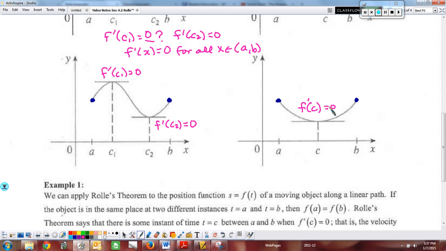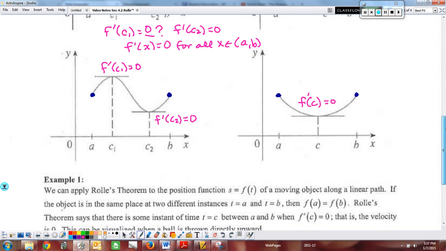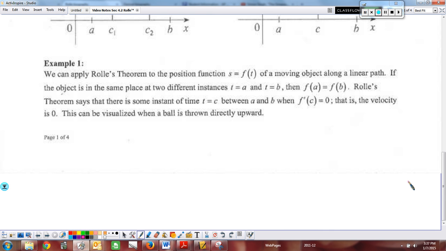All right. Now, how can we apply Rolle's theorem? If we take a look down here at example 1, this actually goes to the position function. If we think we have a moving object, say a ball that we're going to throw up, and we're looking at a position function, if the object is in the same place at two different instances, this is where we're doing our f of a equals f of b.